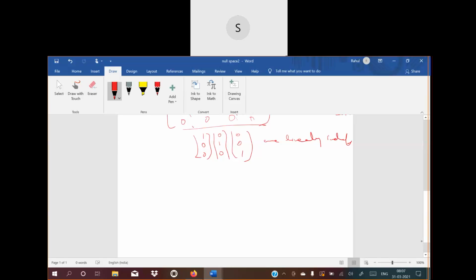For example, last time I took this matrix: 2 2 -4 4, -2 1 4 -4, -1 4 10 -8, 14 -2 7 4 6.